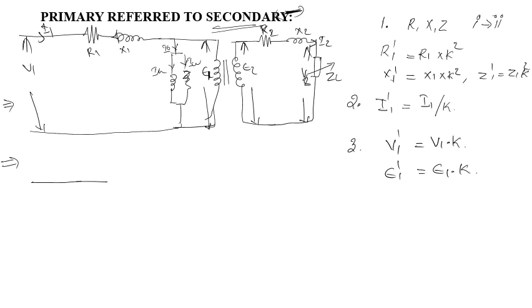Primary winding resistance, that is R1. At the secondary side, it is known as R1 dash.